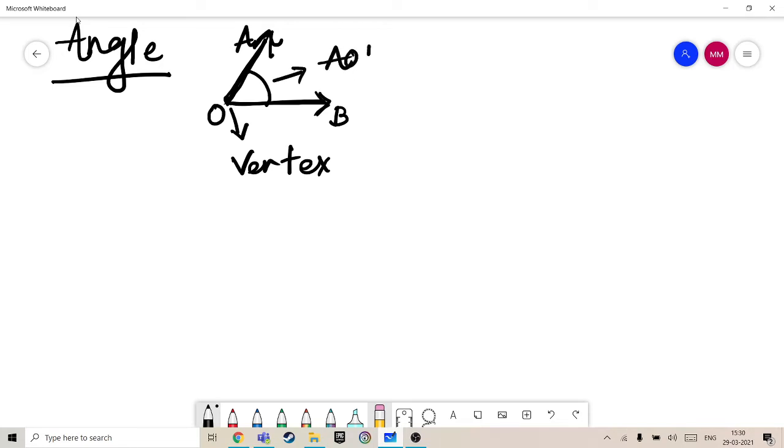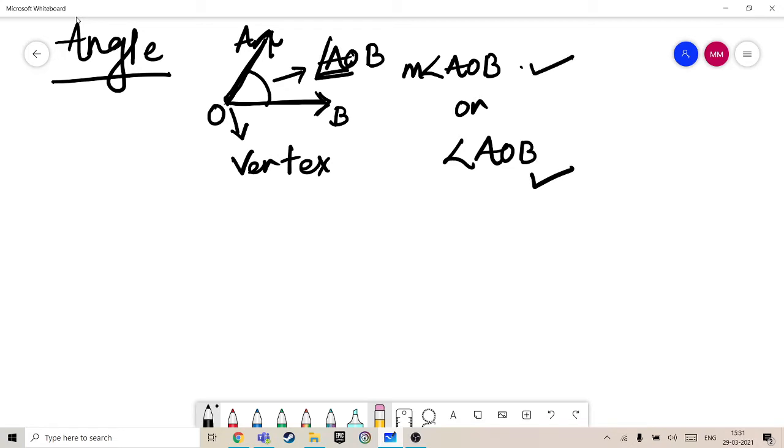This is angle AOB. An angle is represented with this symbol, angle AOB. This is the representation of angle.